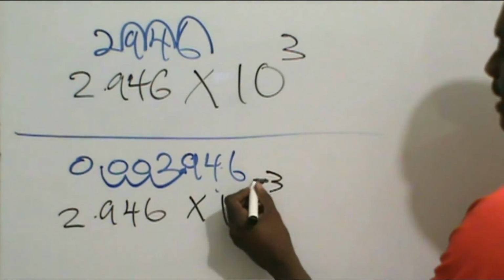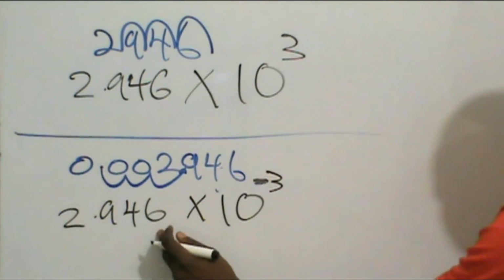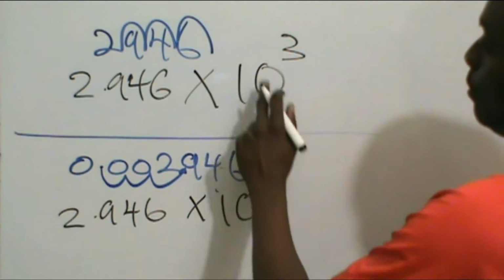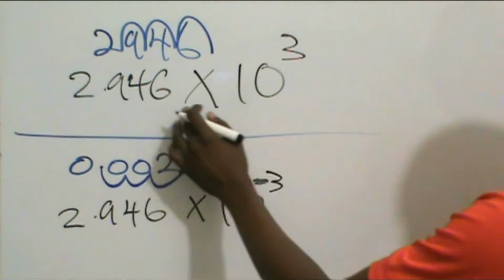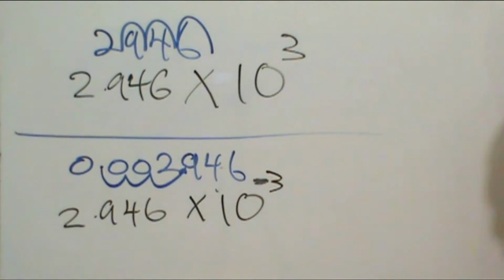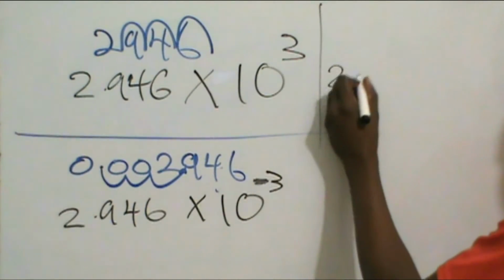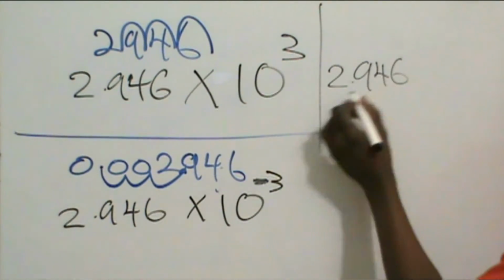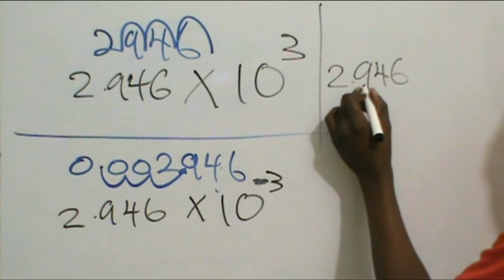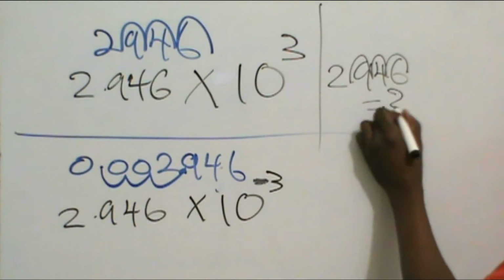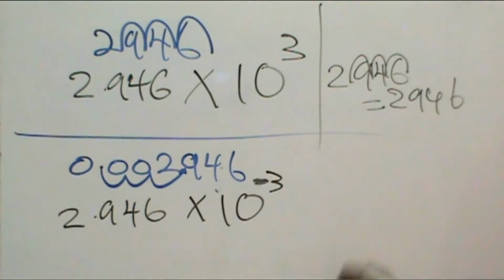So what we actually have here would be 2.946 by 10 to the power of minus 3 as the final outcome. Over here, we have 2.946 by 10 to the power of 3. And if we want to double check, we could say 2.946 by 10 to the power of positive 3 means that we're moving the point to the right. 1, 2, 3, end up with 2.946.